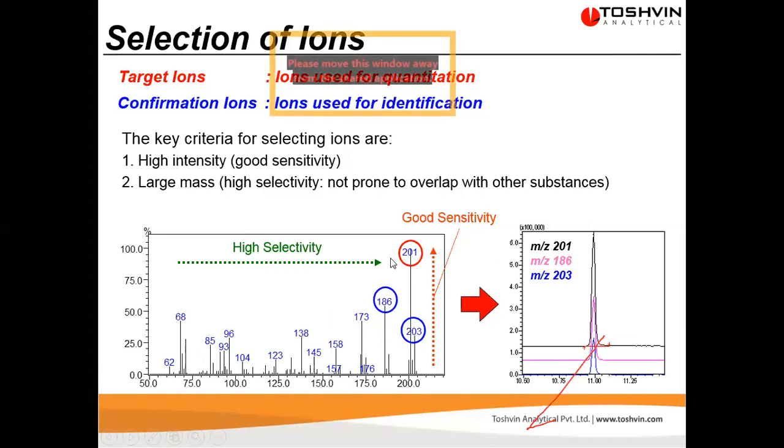Say, for example, if we consider these three ions only, I'm getting this kind of pattern. If there is another molecule, say B molecule, in which I'm getting 186 as the base peak, the highest intensity peak, and I'm getting 201 and 203, but the intensity ratio has changed.